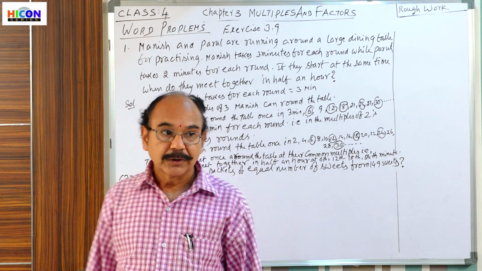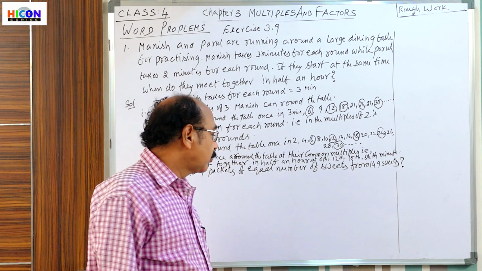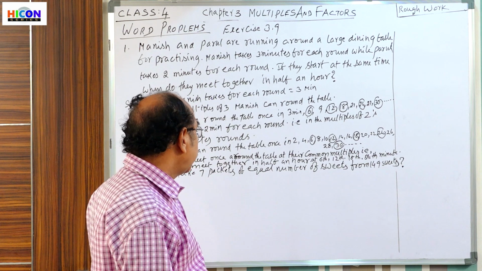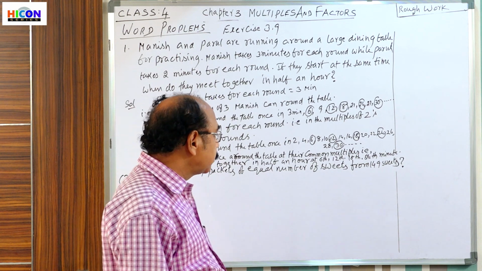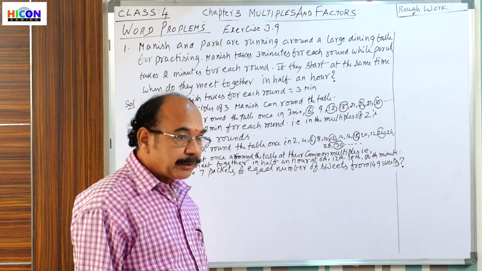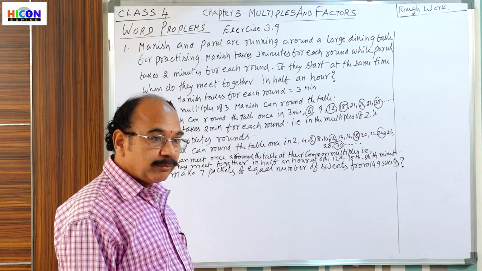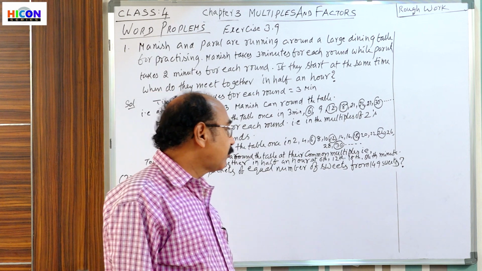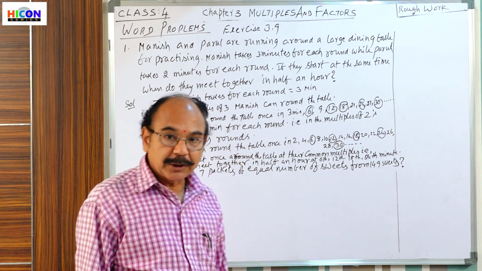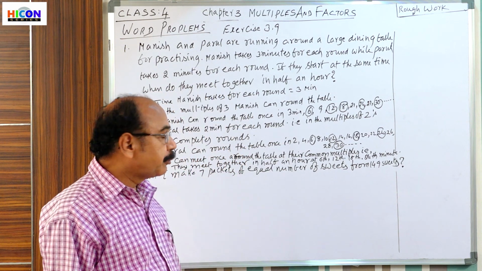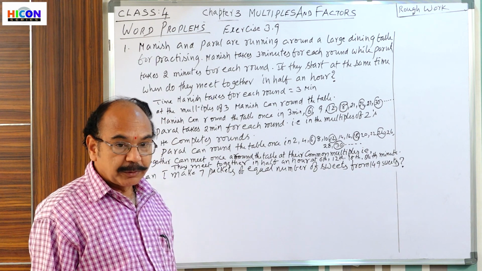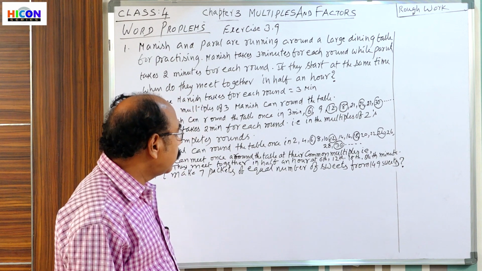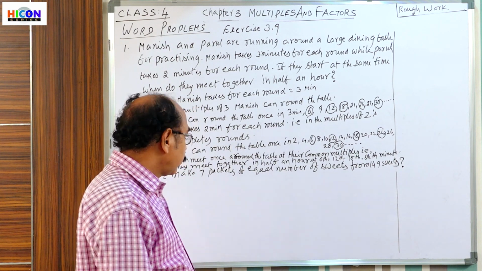Okay, children. Within half an hour means at 6 minutes they can meet, both at a time, and after 12 minutes they can meet, and after 18 minutes they can meet. Like that, at the 6th, 12th, 18th, and 24th minute, they can meet together.